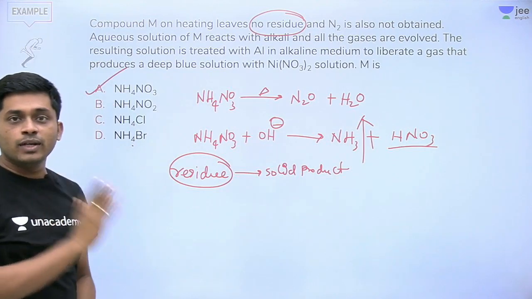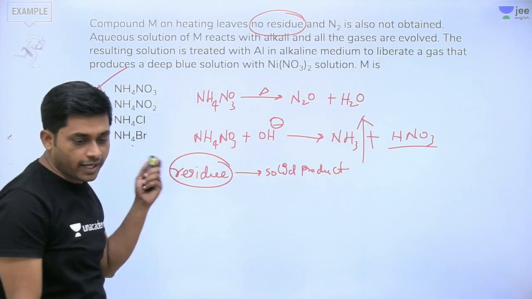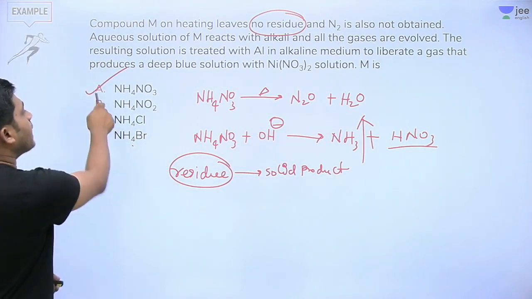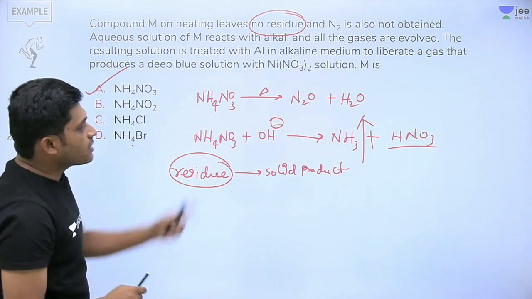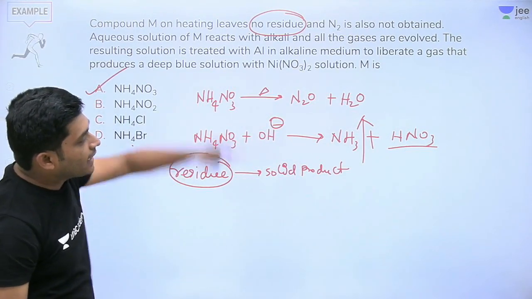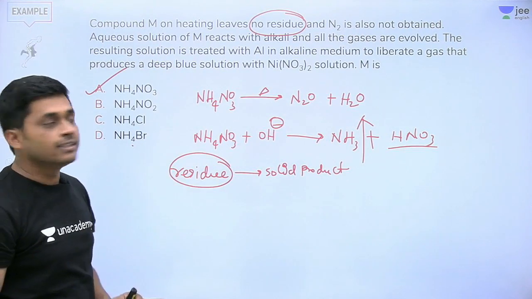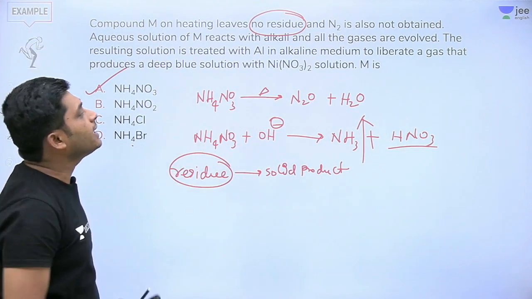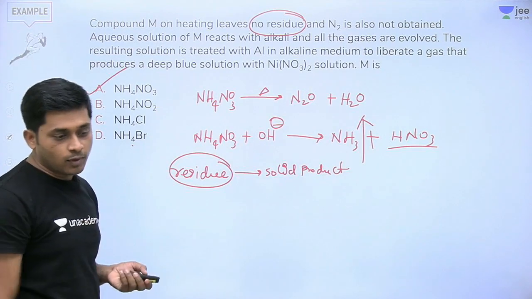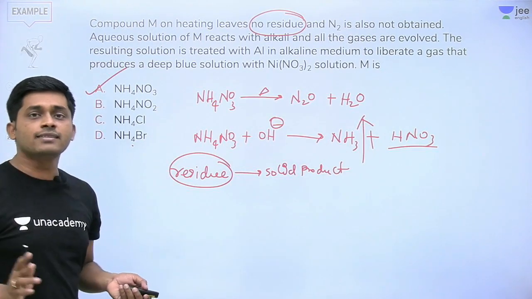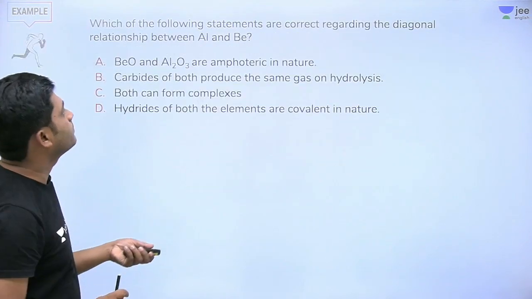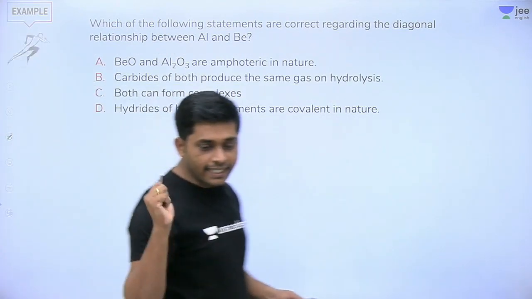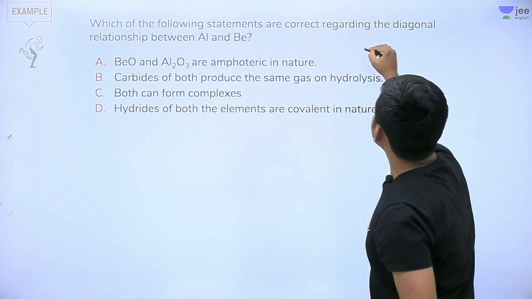Understood, right? Yes, ammonium nitrate is suitable because of the products we get, if you remove all the gases, the remaining is HNO3. Aluminium reacts with HNO3 to liberate a gas that produces deep blue color solution. Just the first 2 lines you read, you will get the answer. Next, this question, it is multi-correct.